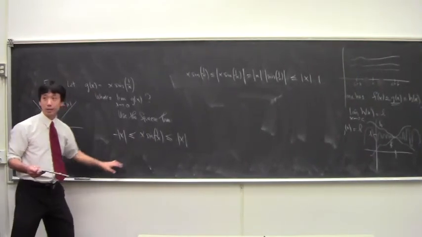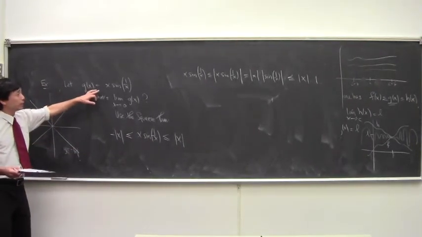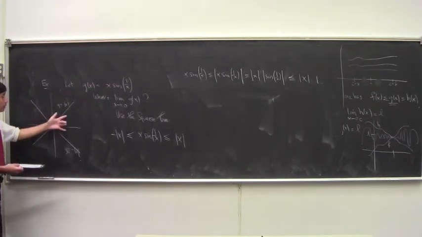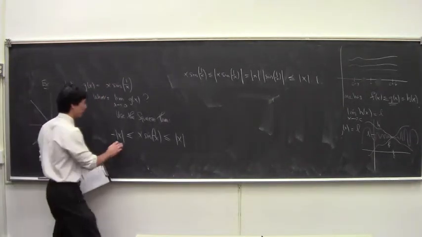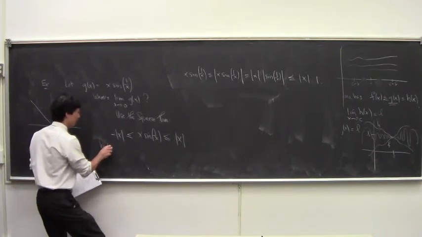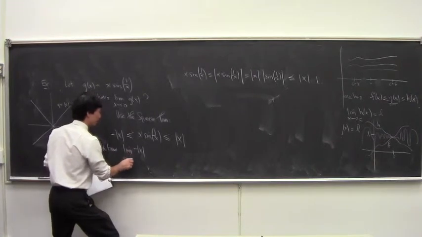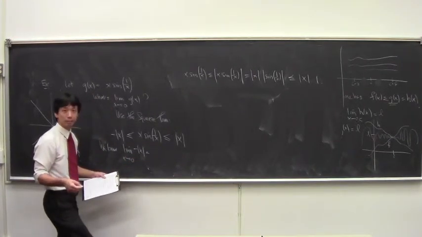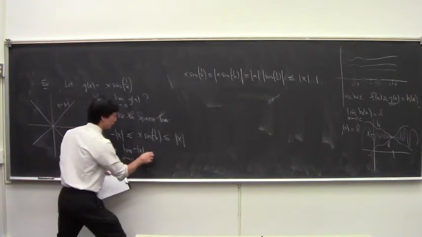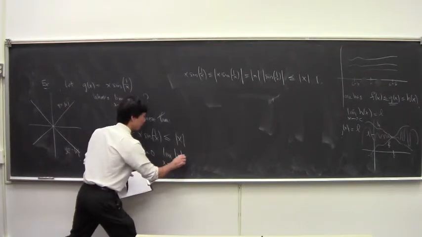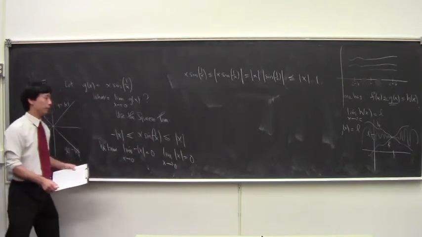So that's good. We see that the function, which seems sort of intractable, is actually trapped between these two guys, and we know that the limit of the left-hand guy as x approaches 0 is 0, and the limit of the upper guy is also 0 as x approaches 0.